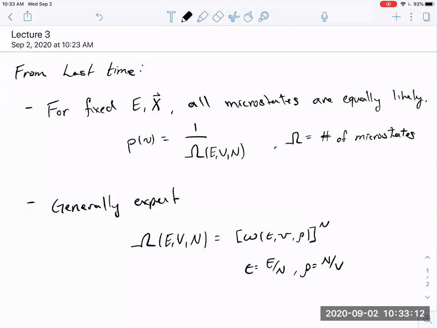That is to say that the number of microstates grows exponentially with the size of the system.